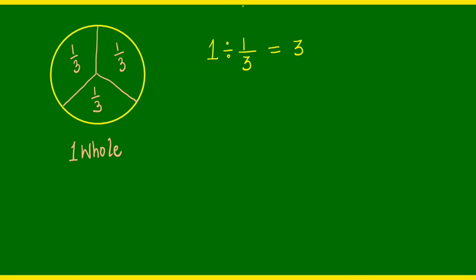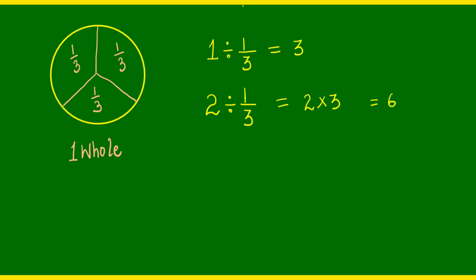But now if I ask you the answer to this expression, which says 2 divided by 1/3, we want to ask how many thirds are there in two wholes. So the answer will be 2 times 3, because if one whole contains 3/3, two wholes are bound to contain 2 times 3, that is 6/3.